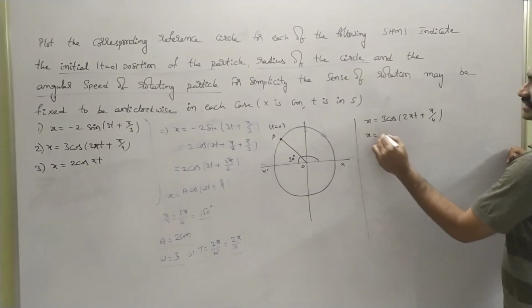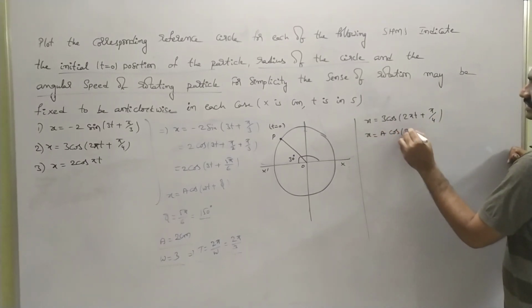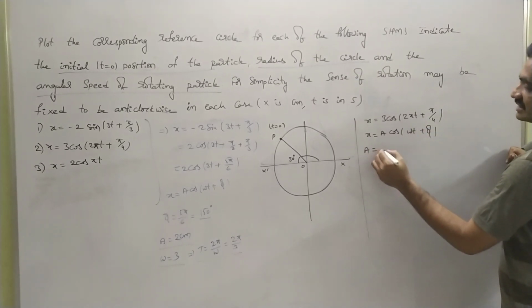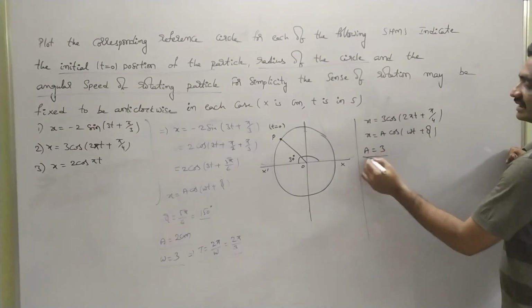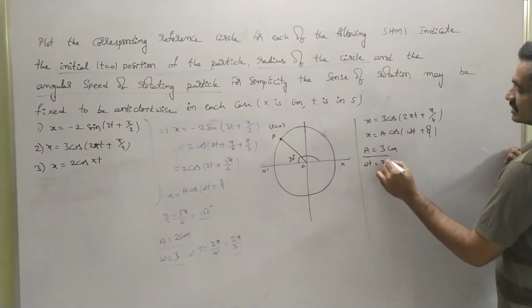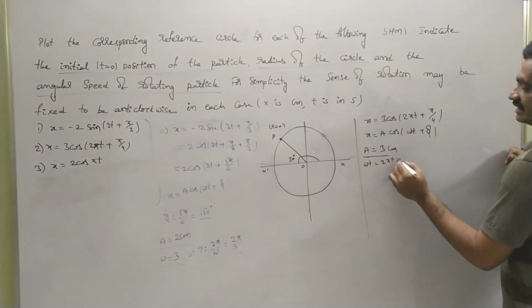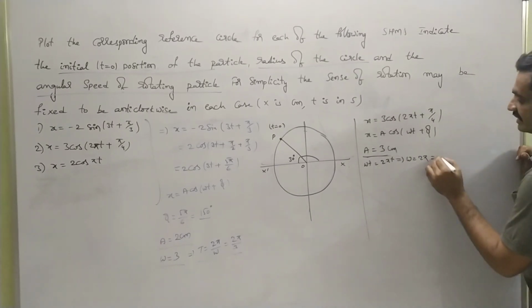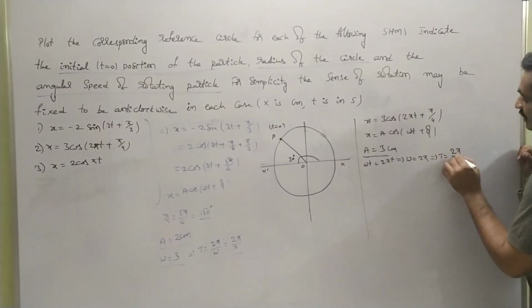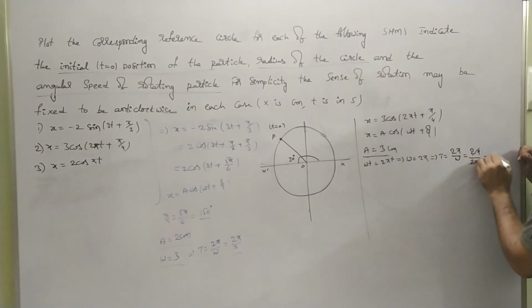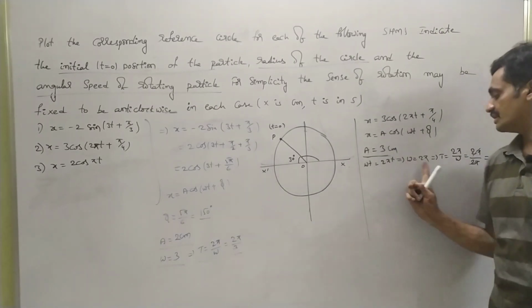When we compare this equation with x equals a cos (omega t plus phi), here we get A equals 3, the amplitude, nothing but the radius, in centimeters. Here omega t equals 2 pi t, so we get omega equals 2 pi. Then the time period T equals 2 pi by omega, so 2 pi by 2 pi, nothing but 1 second. The time period is 1 second and the angular speed is 2 pi.